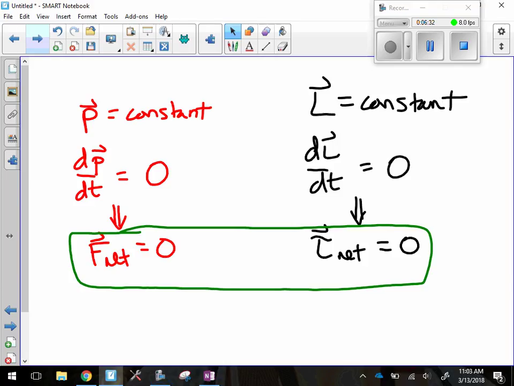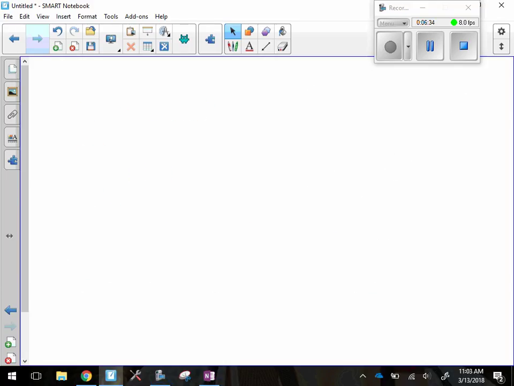So let's try a problem. Let's do page 345, number 6. Most of the things that we are talking about will be in stable static equilibrium, but it actually is just for equilibrium.